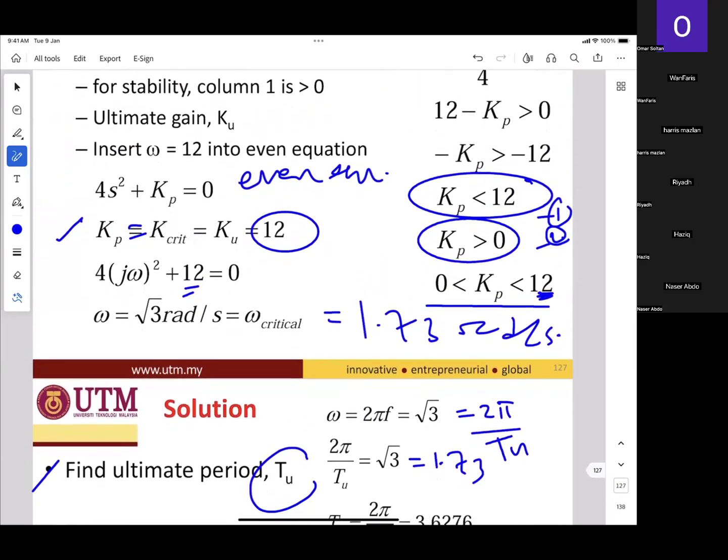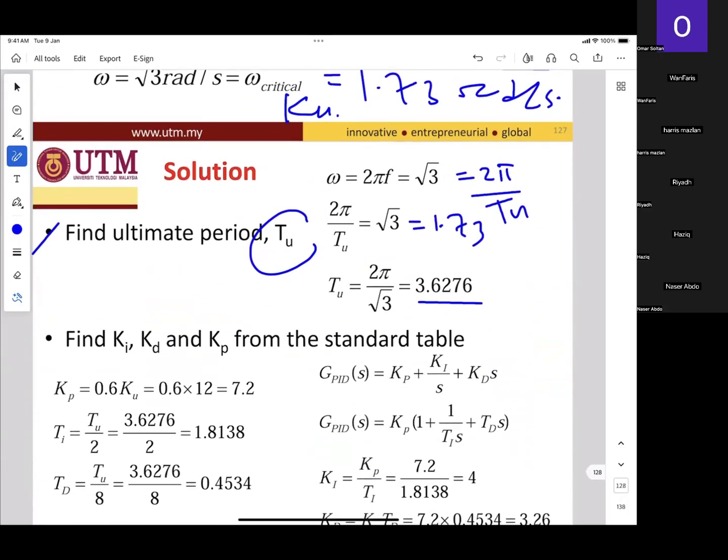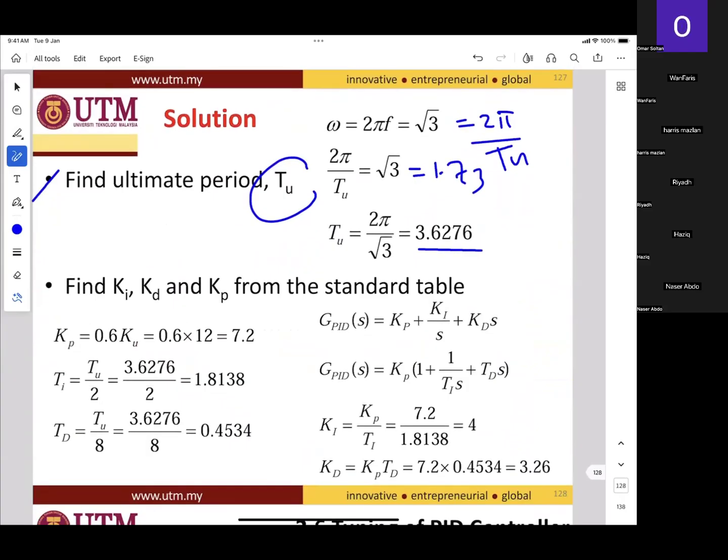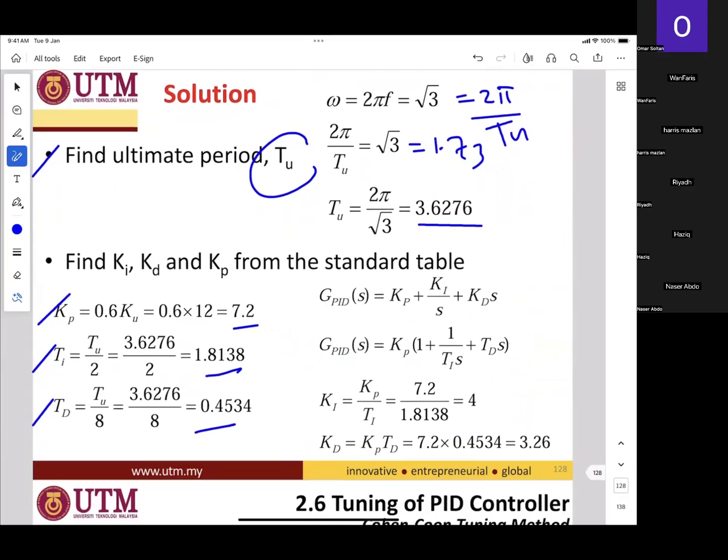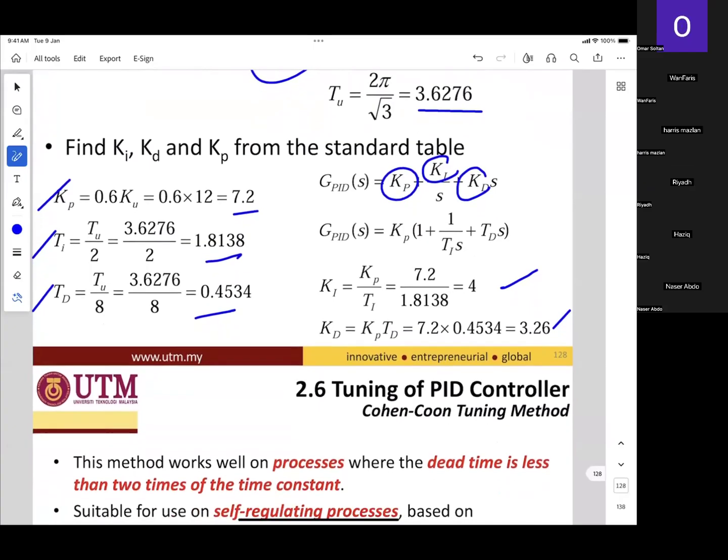Okay. Sorry, Ku, Tu. Then find the Ki and Kd using the formula in the table. So Ki and Kd are shown here, 4 and 3.26. And you already know Kp, so insert Kp here, inside Ki here, and inside Kd here. So you will get the final transfer function.